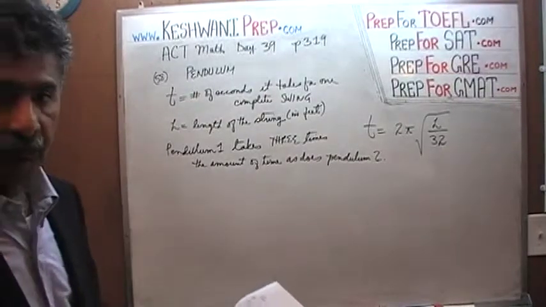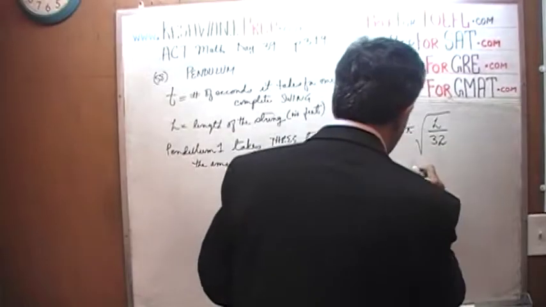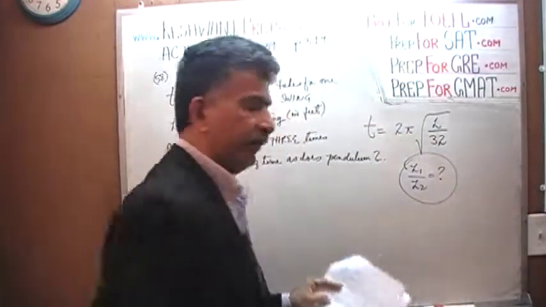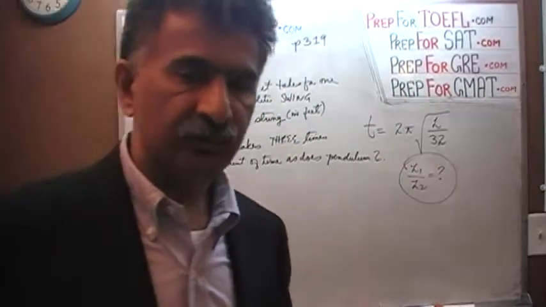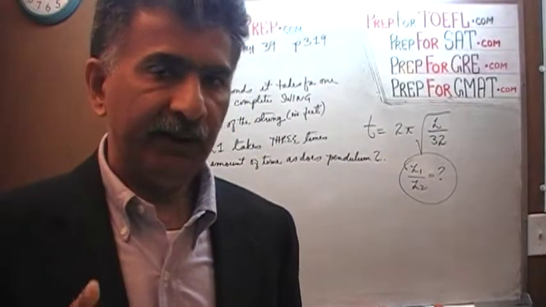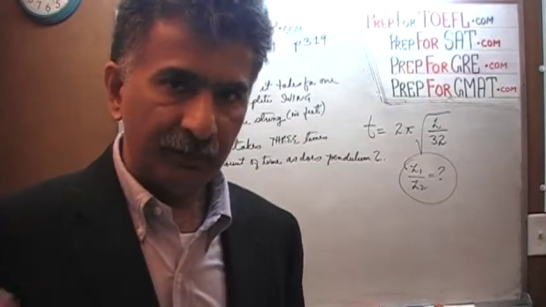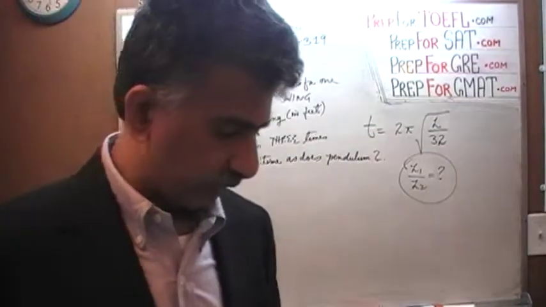The question is, what is the ratio of their lengths? The ratio of the length of the two strings if one pendulum takes 3 times as long as the other for one complete swing. That's all there is. So let's find out, shall we?